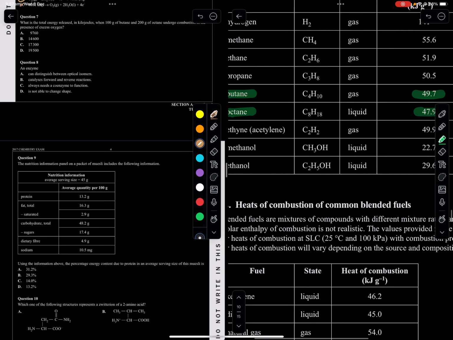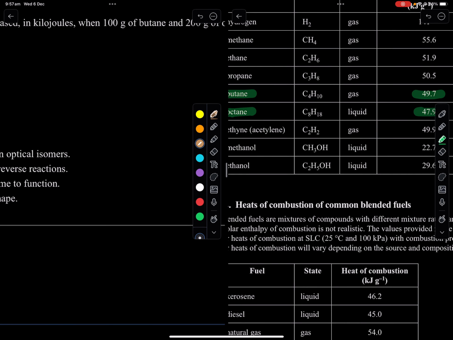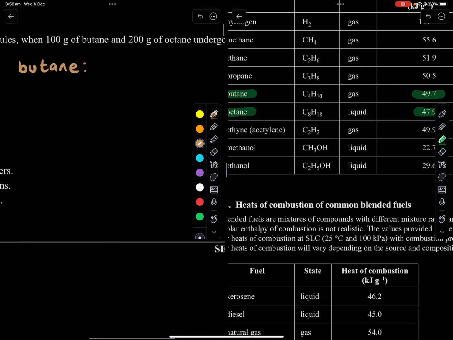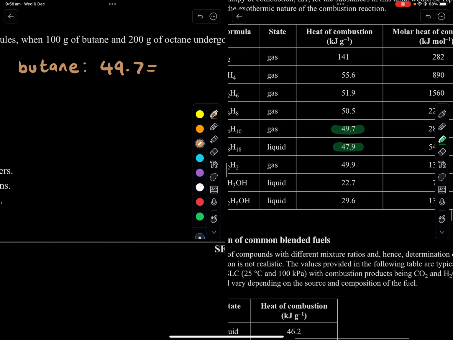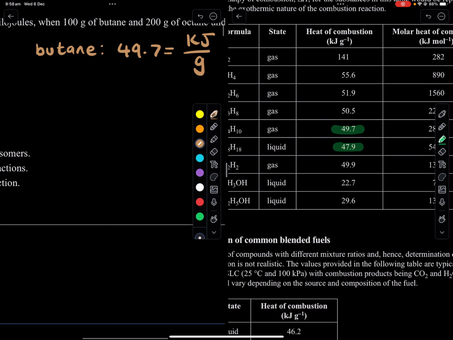So let's write that down. Let's calculate the energy for butane. We know butane has 49.7, and it's in terms of kilojoules per gram. So I'm going to write equals to kilojoules per gram. And what about octane?